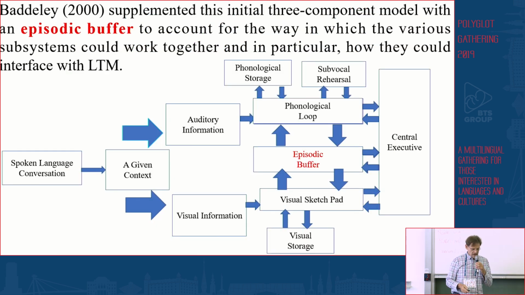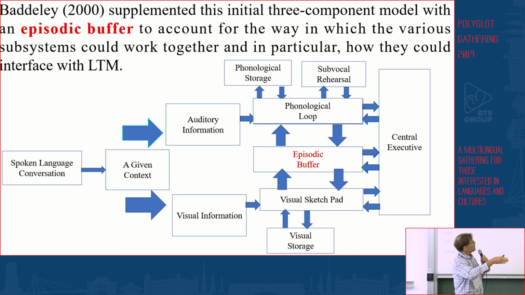Okay, so also the episodic buffer was added to account for the way in which these various subsystems that you see here work together, and in particular how they could interface with long-term memory. So you have spoken language, conversation, a given context. You have auditory information, visual information, and then up here you see the phonological storage and subvocal phonological loops, subvocal rehearsal, and the episodic buffer, like an episode, like a story.